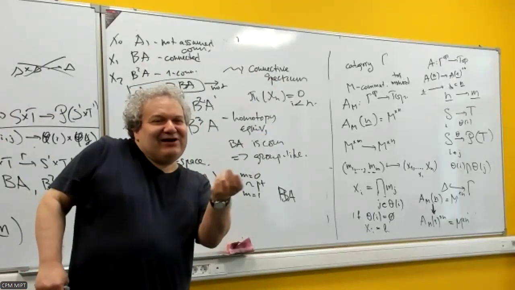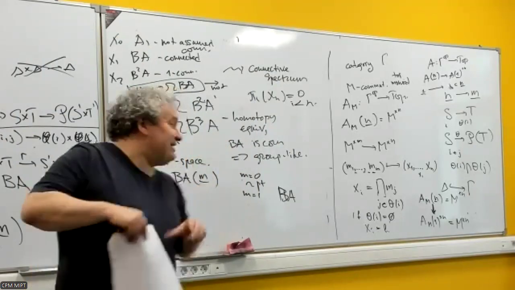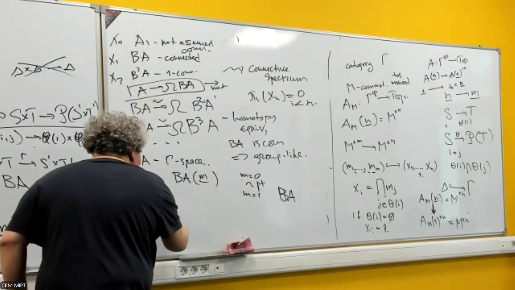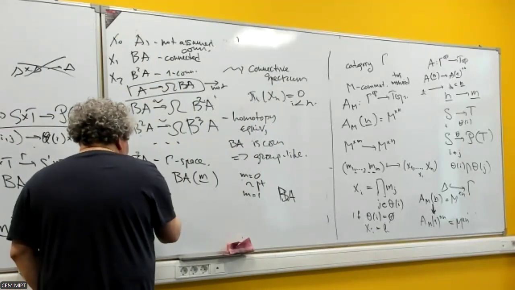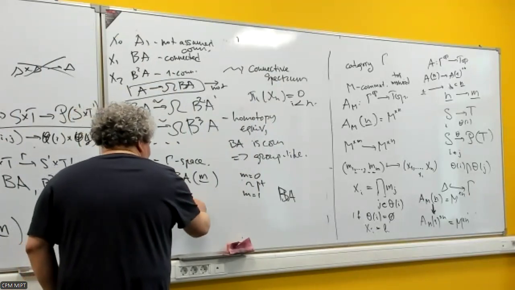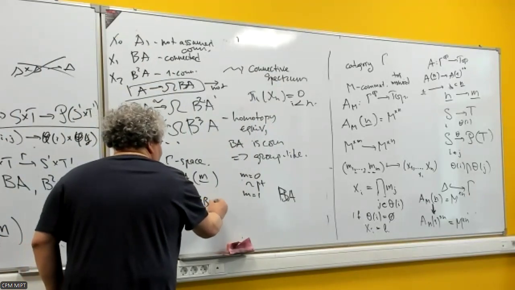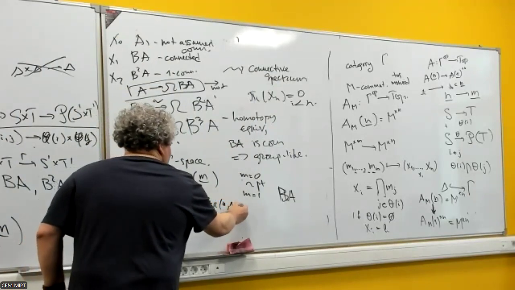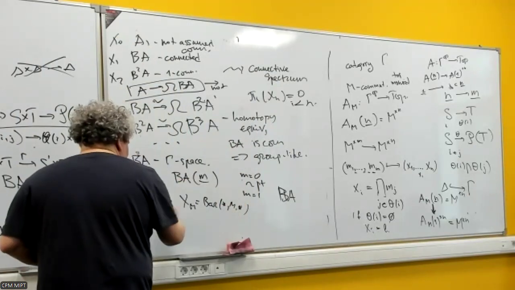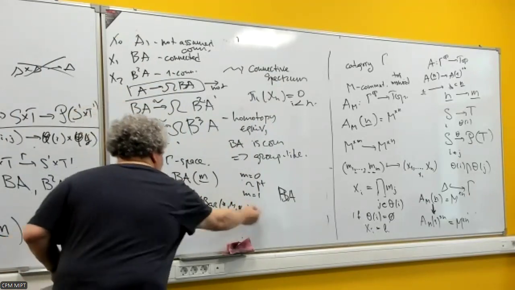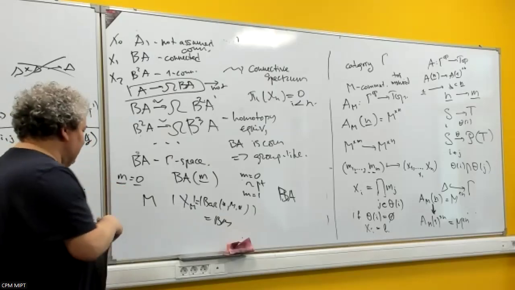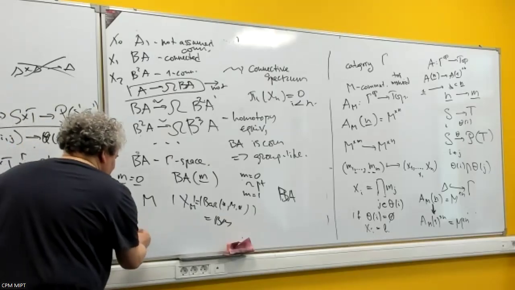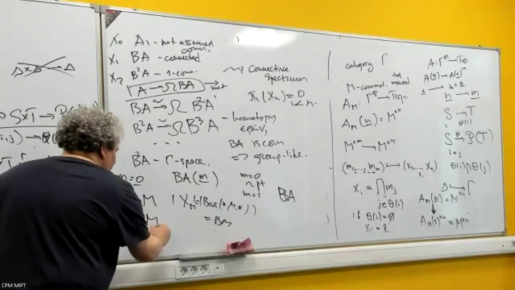If M was not connected, then when you take XM, or if you like bar star M, and you have some realization of this, which is called BM, as a simplicial set you have a point in degree 0, then M in degree 1.